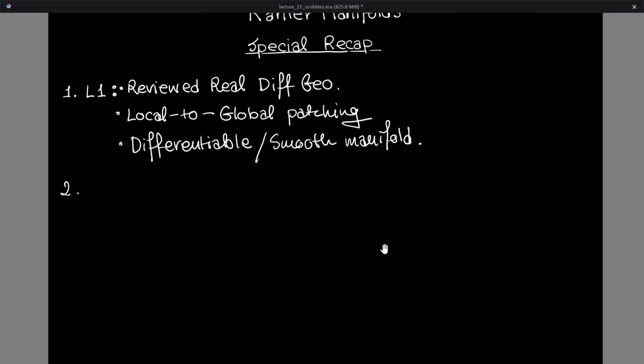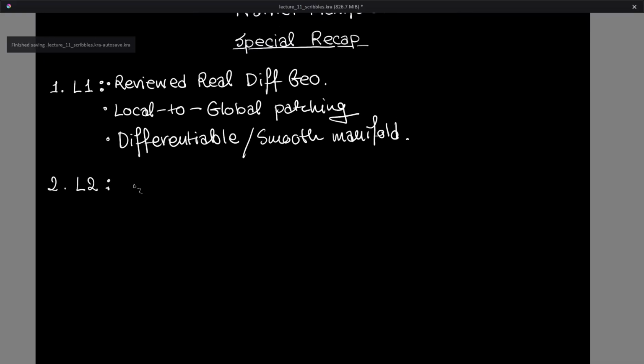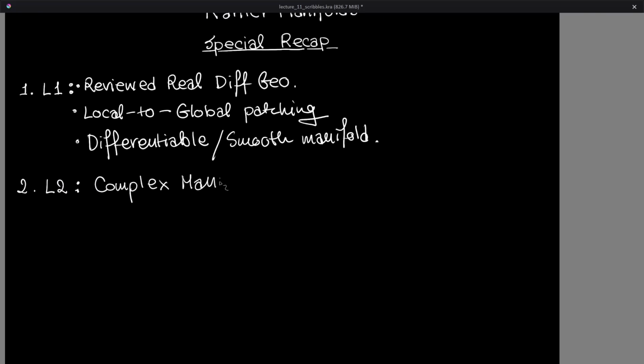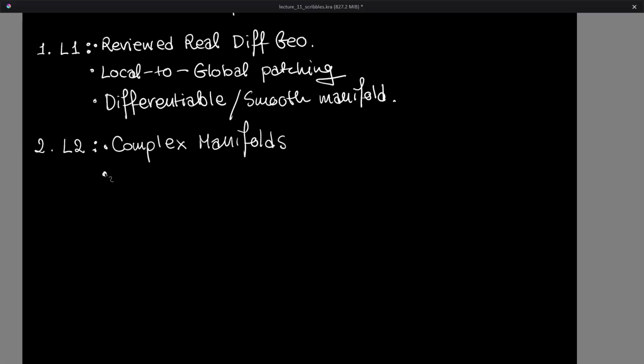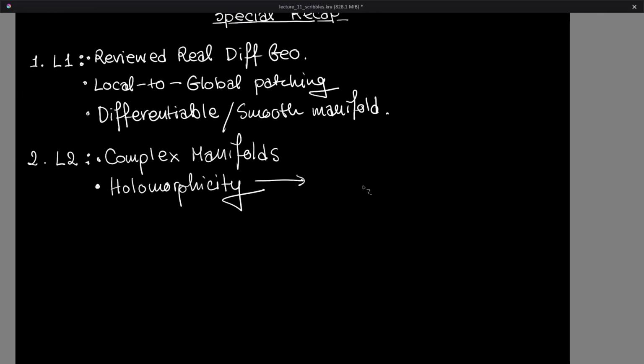Then in lecture two, L2, we defined complex manifolds. Obviously, pivotal in talking about complex differential geometry. You can't really talk about that without complex manifolds. So already we've defined something very, very useful. But also, we talked about the idea of holomorphicity. I don't know if that's a real word, but if it's not, I'm going to make it a word. Holomorphicity. And this is the central idea that ties our manifolds back to the ideas of complex analysis.